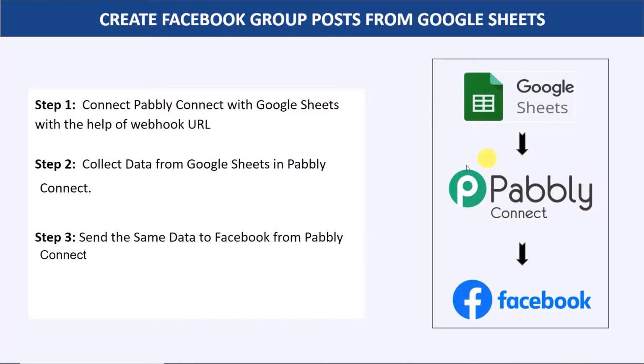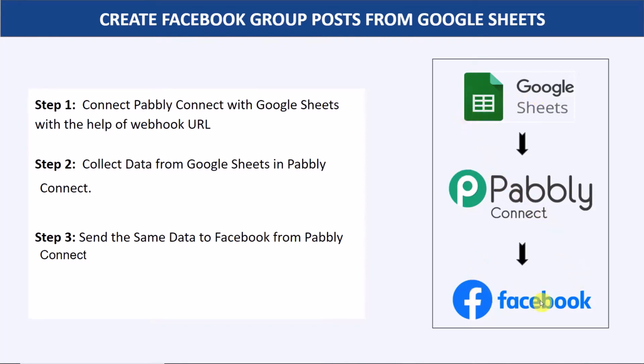You're basically going to copy the webhook URL from Pabbly Connect and paste it into Google Sheets. In the second step, we are going to collect the data from Google Sheets into Pabbly Connect. After that, using the same data, we are going to create a group post on Facebook. The integration is pretty easy, and the best part is once you have created the integration between Google Sheets and Facebook, all you have to do is sit back and relax while some entry is made in Google Sheets.